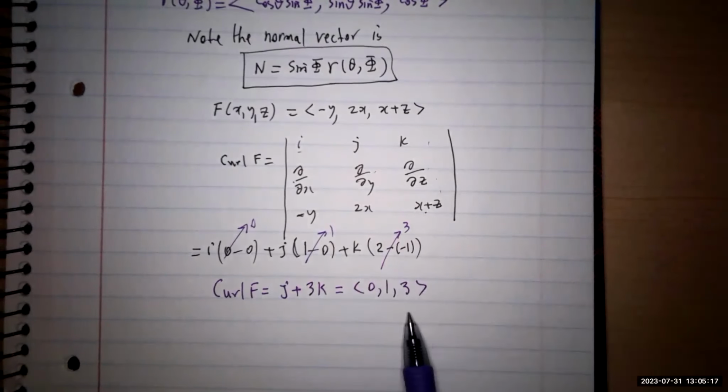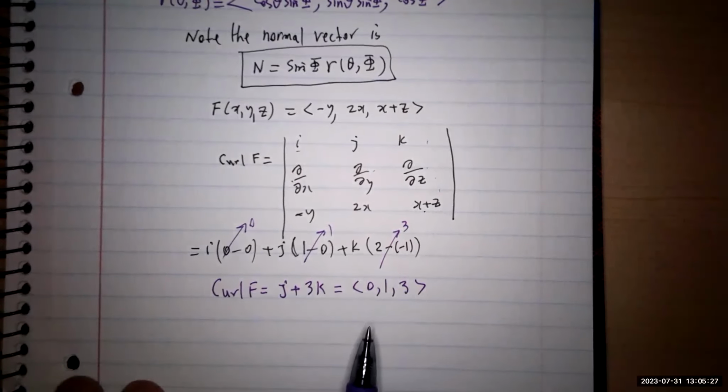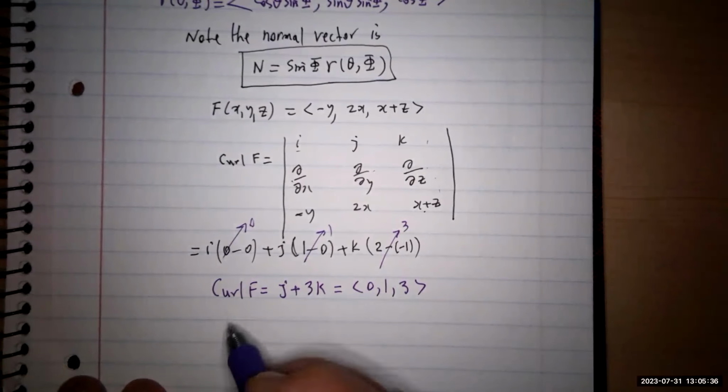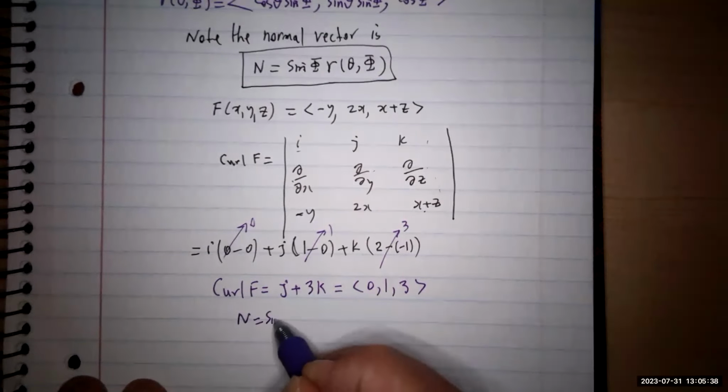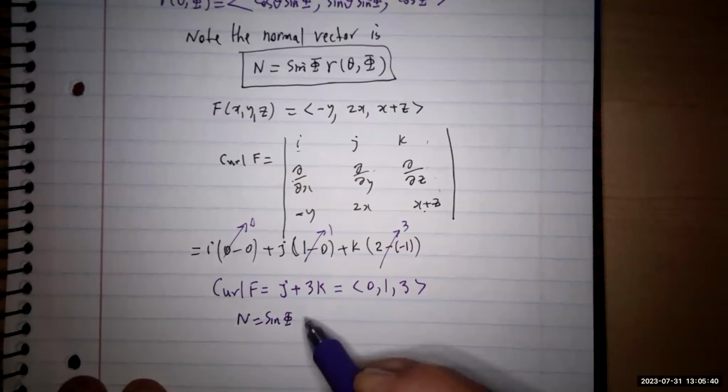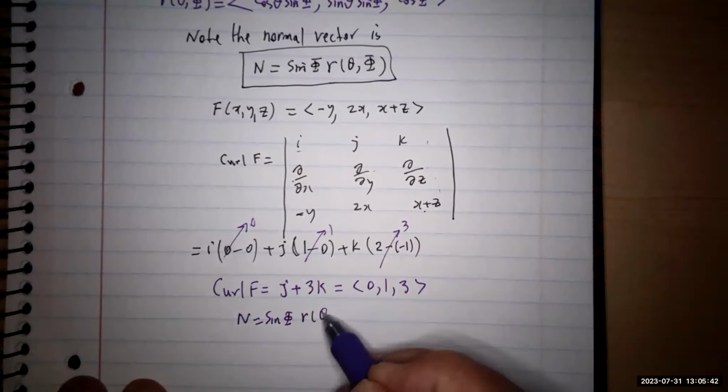If it were anything else, you would have to substitute x, y, z from that curve that we have, but you don't need anything because it's just a constant. Now you have to multiply by the n and then do the job. That's the curl, and this is the n, which is sine of phi times r of theta and phi.